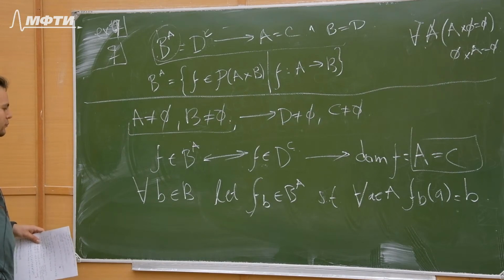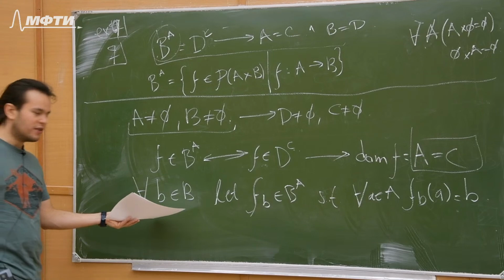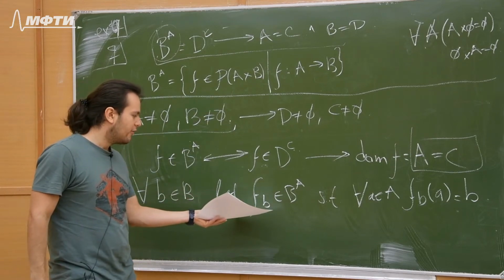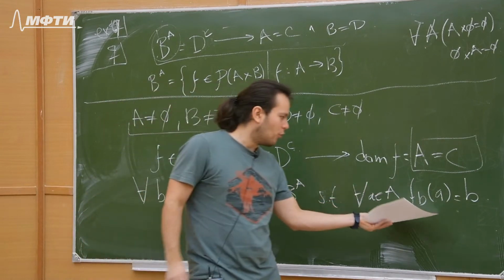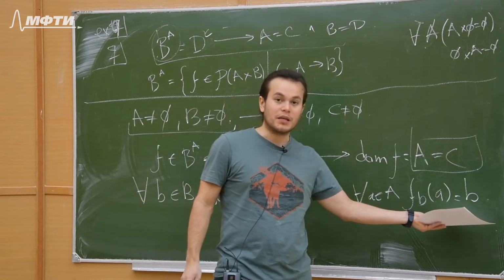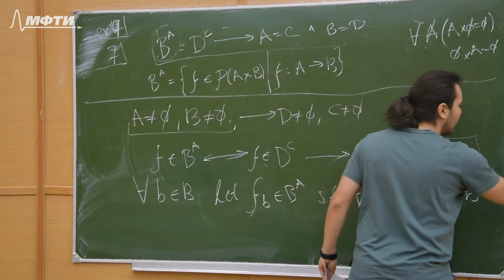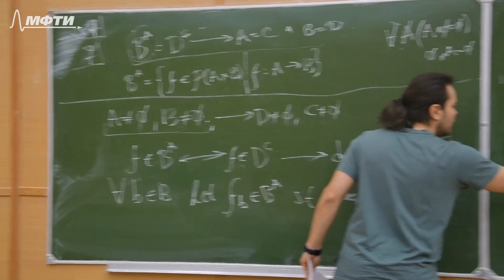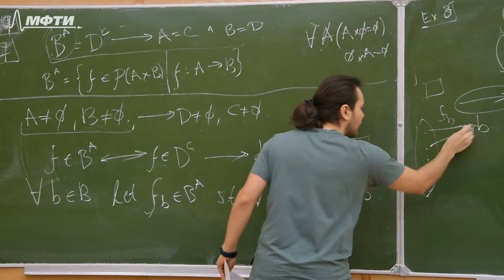Okay, so for every element b in capital B, we define a function f sub b such that f sub b for every a is just b. Okay, so something like this. So this is b here, this is f sub b, going to be just this.